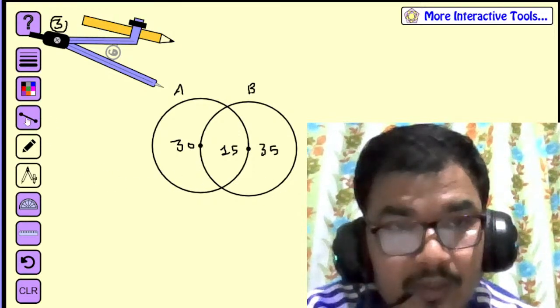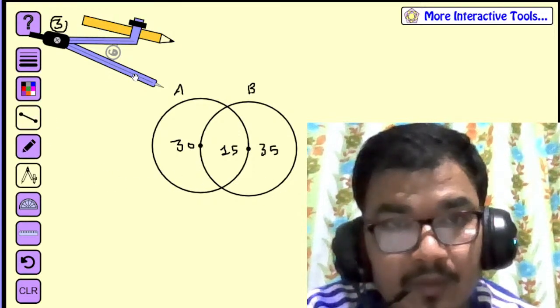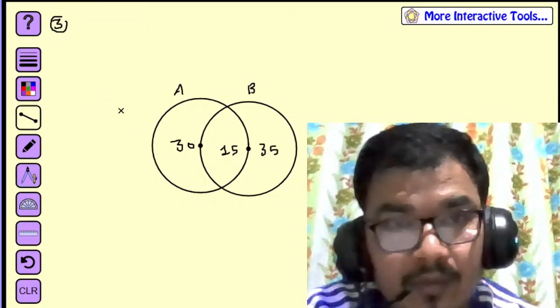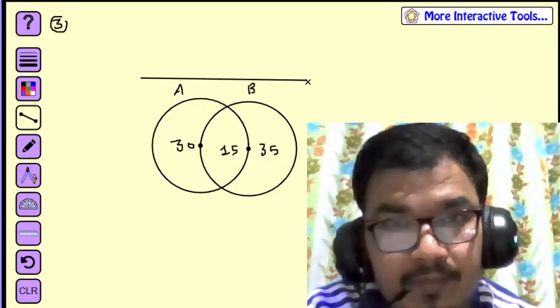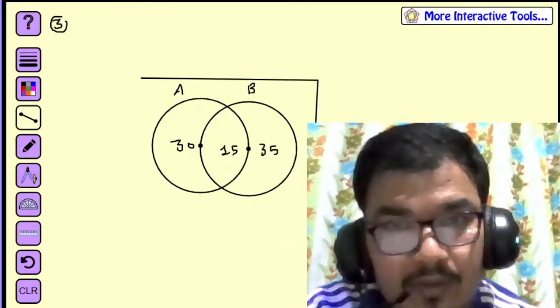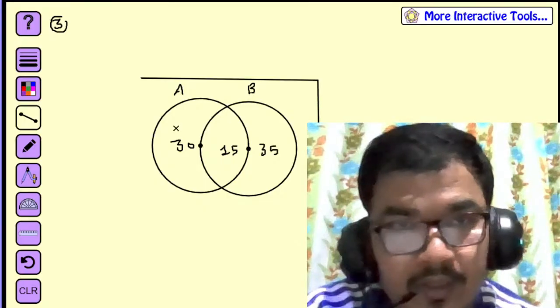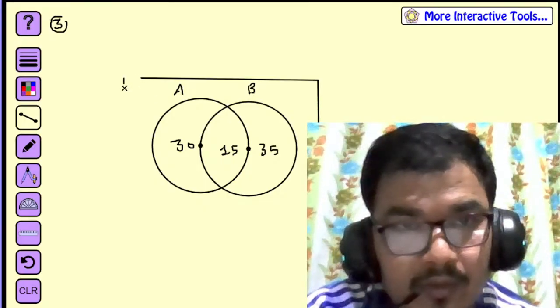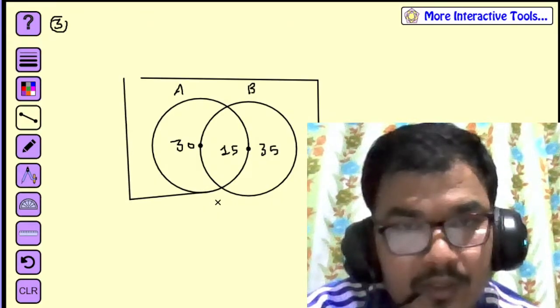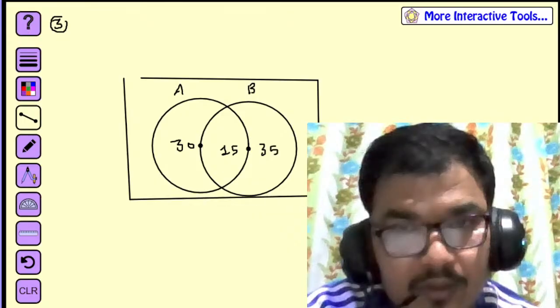Outside, it will look like this. We have to draw this as a rectangular part. Draw inside, and here also draw, then join like this.